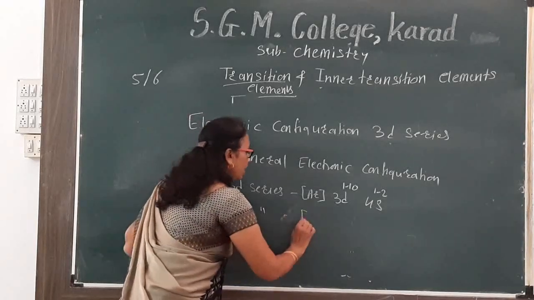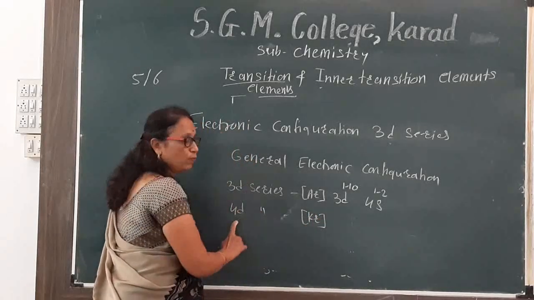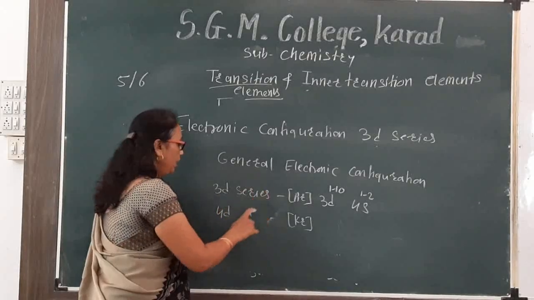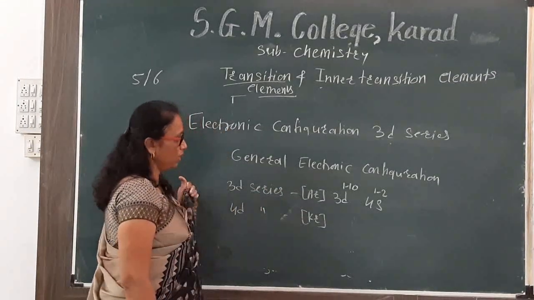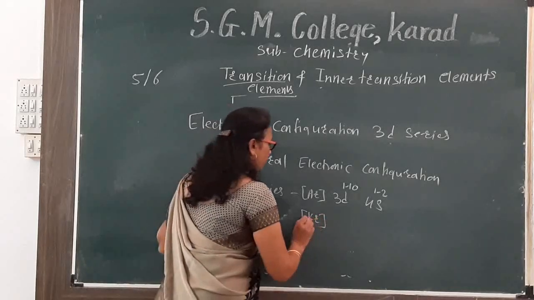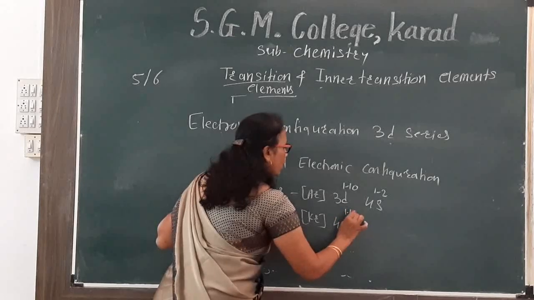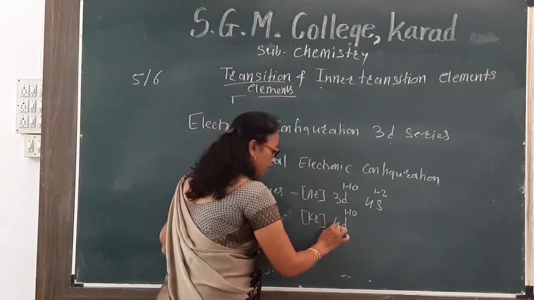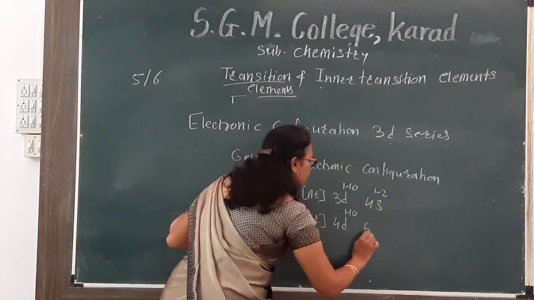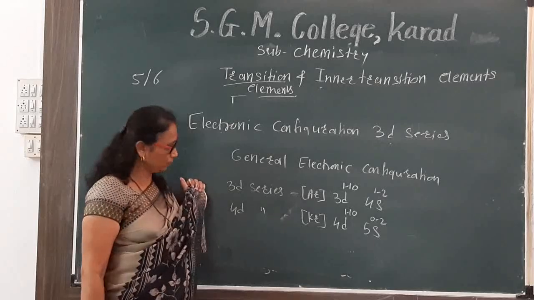What comes after argon? Krypton. Therefore, the nearest inert gas for the 4d series is krypton, so its electronic configuration is krypton 4d1 to 10, 5s0 to 2.